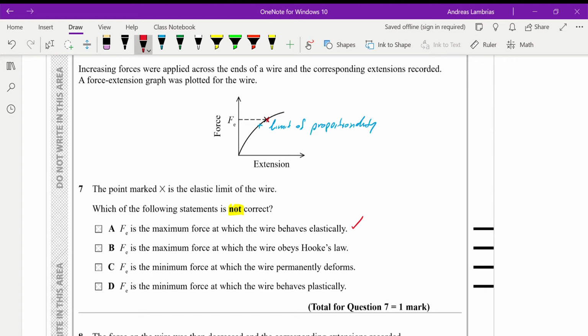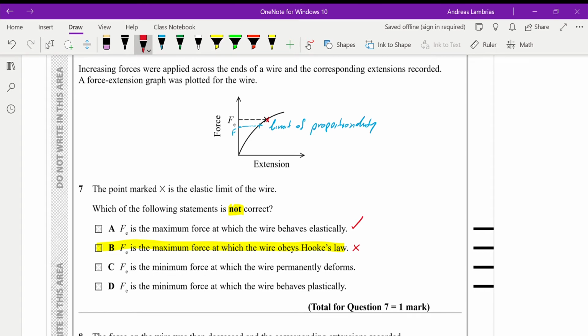This one is wrong. This would have been correct if we were talking about the limit of proportionality. Since we're talking about the elastic limit, we have passed the limit of proportionality. Therefore the maximum force to obey Hooke's law was at the limit of proportionality. And so we found our answer, and we can see that the other two are correct.